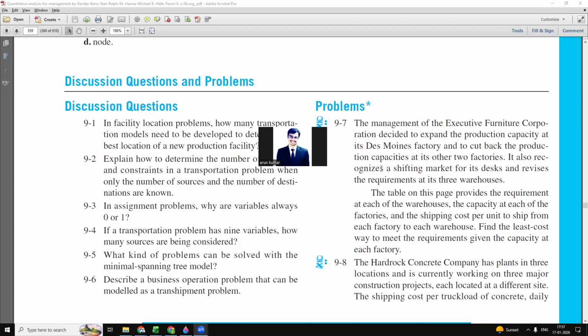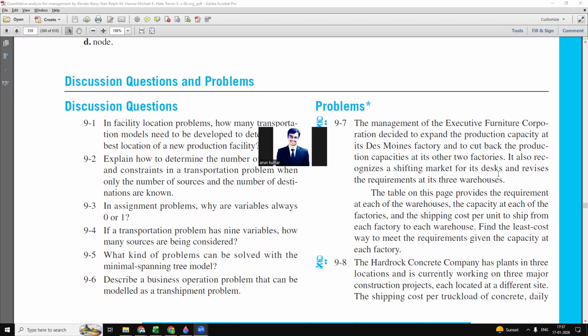The management of the Executive Furniture Corporation decided to expand the production capacity at its Des Moines factory and cut back the production capacities at its two other factories.